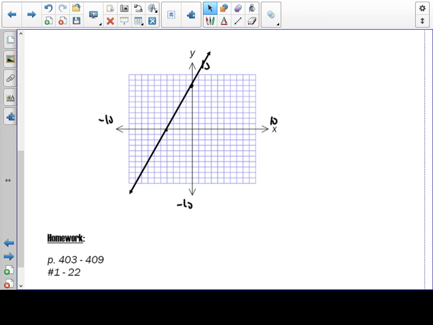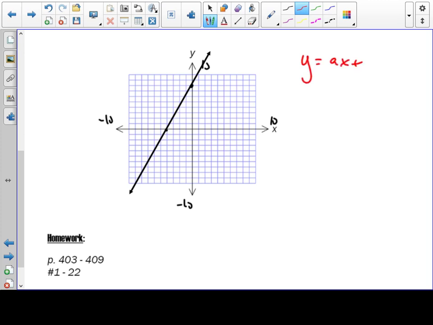That part's done. Now what's the equation? Remember, our equation has to be in the form ax plus b. Well, a is your slope. We'll get back to it. b is your y-intercept. b is 8. We can see that from the graph. Now the question is, what's the slope? Also from the graph, you can see that the slope is 2.